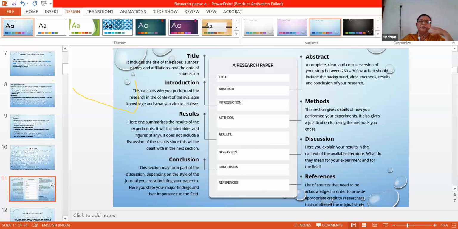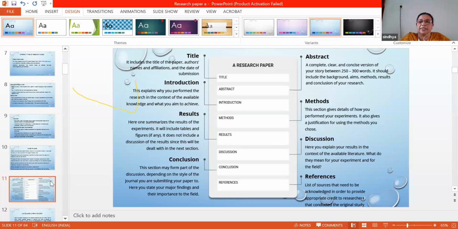So there must be a page for the title, followed by a title page while preparing a research paper. That title page should indicate the title of the paper, the authors' names, how many authors there are, whoever the authors are, we should list out all the authors, the date of submission, and the authors' affiliation. So that is a title page.